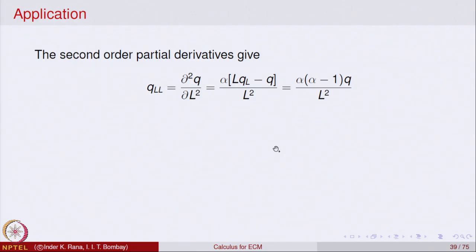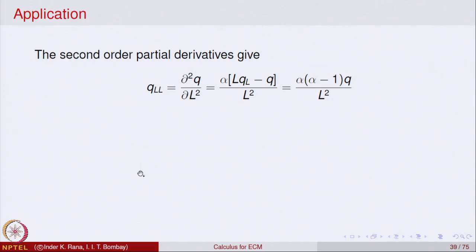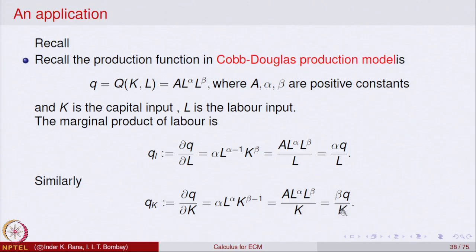Similarly, the second order partial derivative of Q with respect to K: take the first order partial derivative that we obtained in the previous lecture, and use the quotient rule.